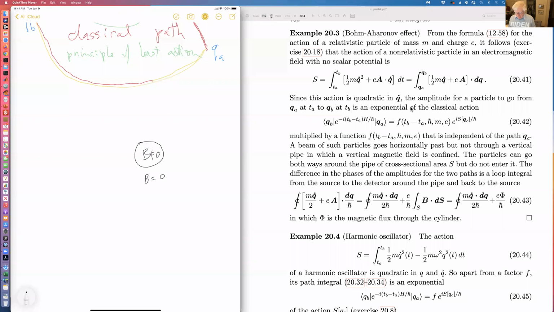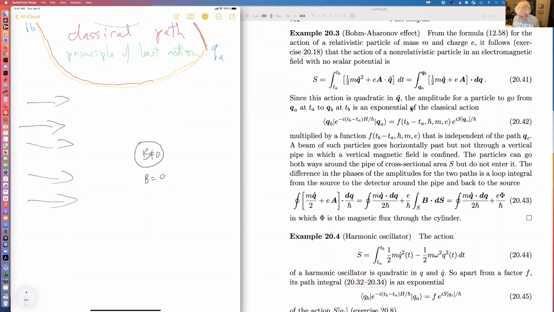And now what Bohm and Aharonov predicted was that if you send charged particles past this thing, so you have a plane wave here of charged particles, what will happen is that you'll get some sort of an interference pattern on the other side.